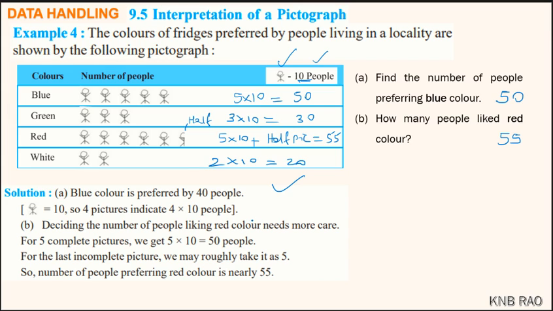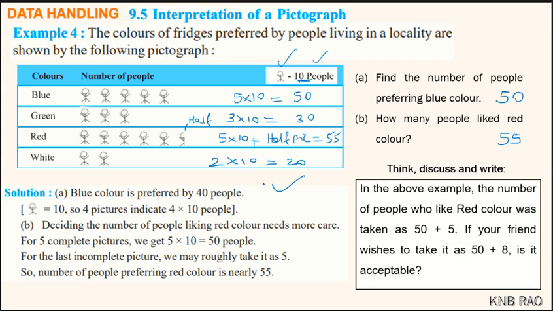And I will show you a few more easy steps, don't worry. Now think and discuss, can you write? In the above example, the number of people who like red color was taken as 50 plus 5. If your friend wishes to take it as 50 plus 8, is it acceptable?